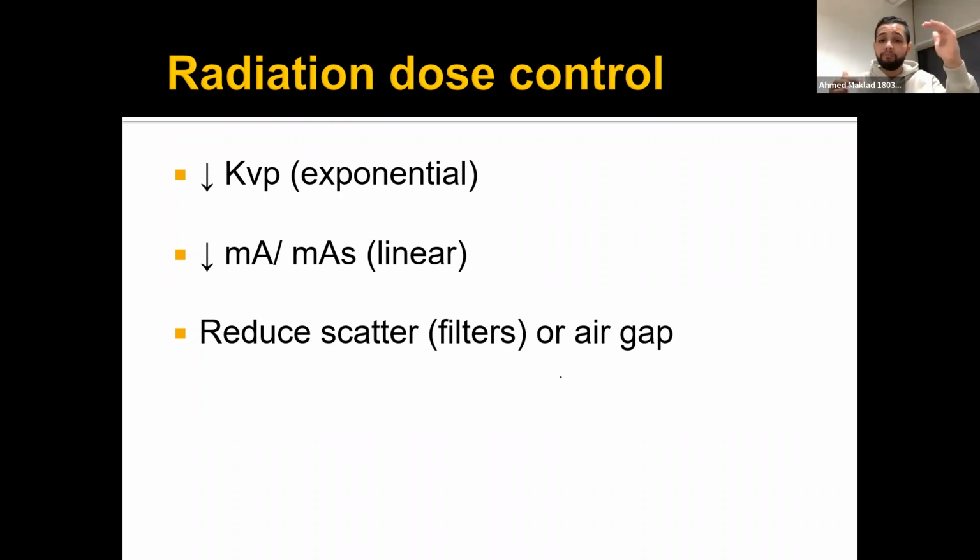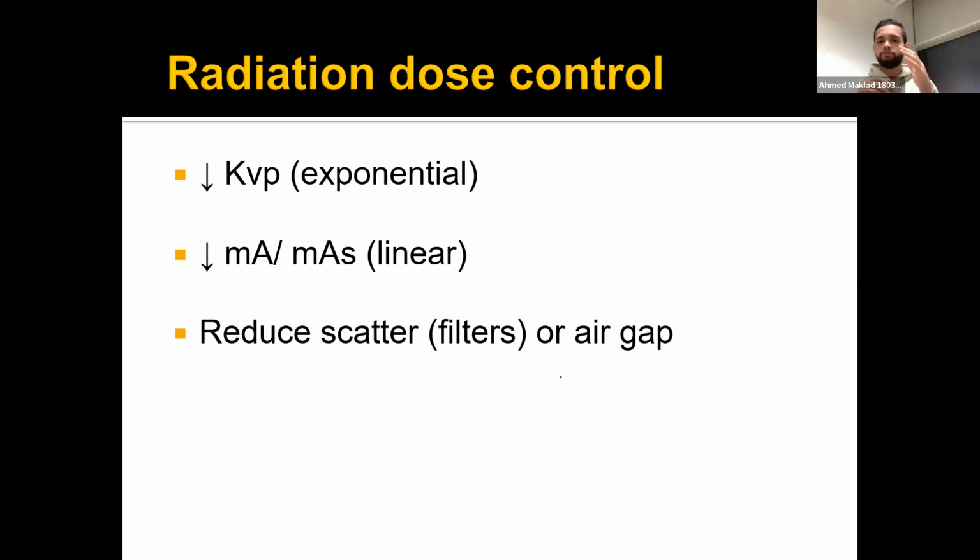If you decrease KVP by half, you quadruple the decrease in energy, right? Now, milliamperes is a linear relationship. It's not an exponential relationship. So if you decrease the milliamperes by half, you decrease the number of electrons by half. This reduces scatter.